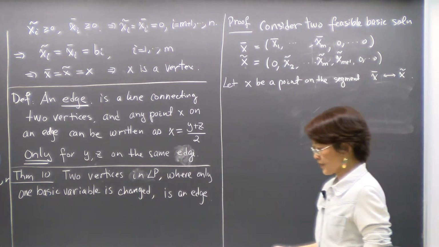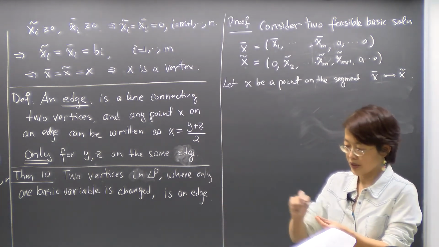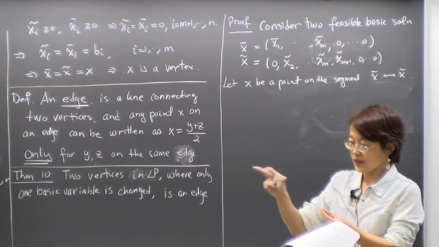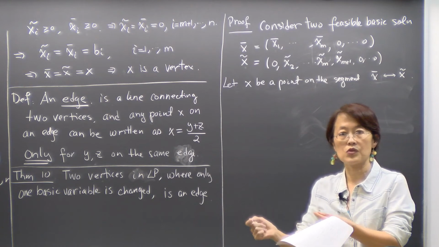So what does it mean? If you have two points and you connect them and find a point along the segment, all these points can be written as a convex combination of those two, right?